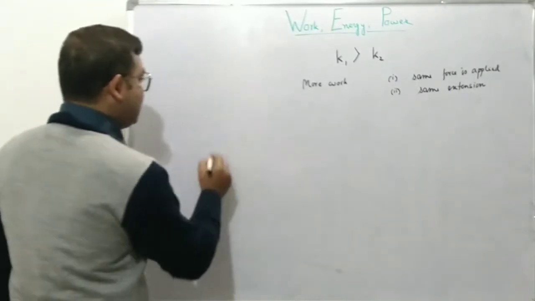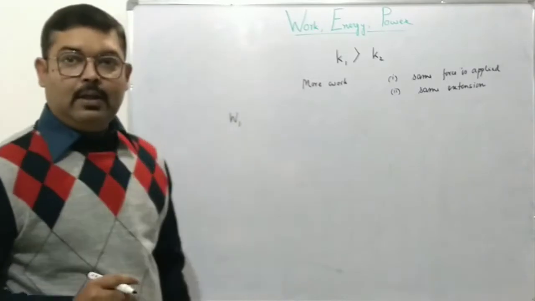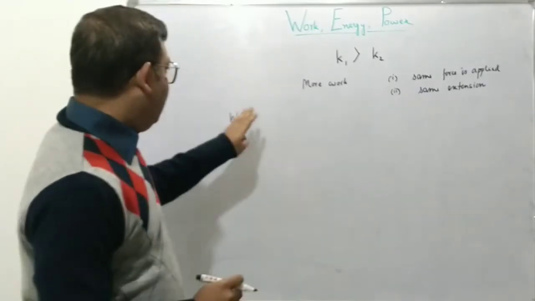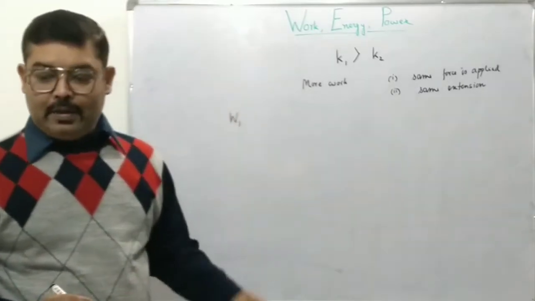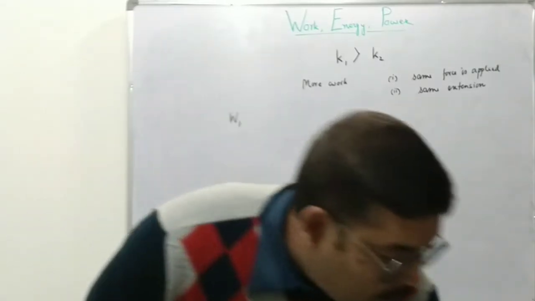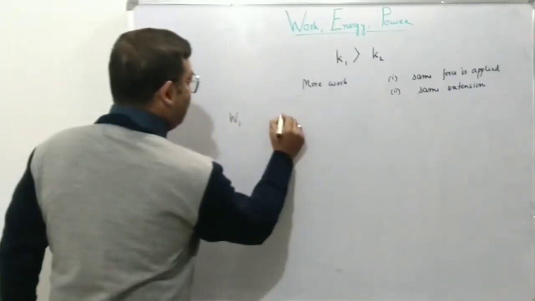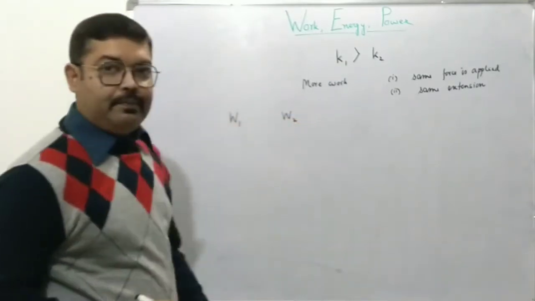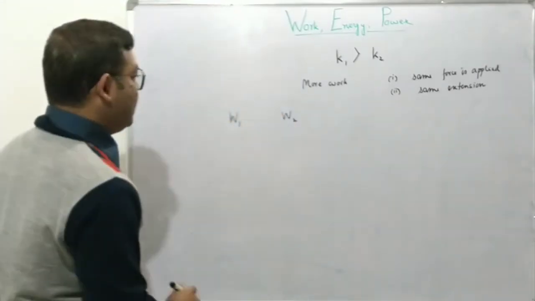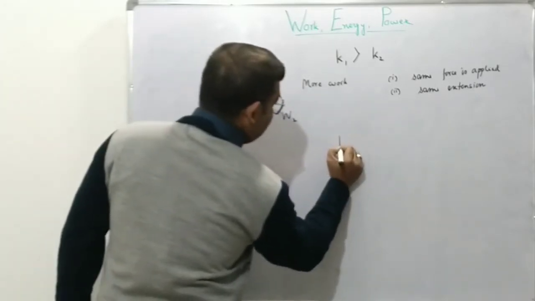Let's say W1 is the work done in the first spring if the same force is applied, and W2 is the work done in the second spring. What has been given is that the same force is applied in both the springs. Let's call this force F.